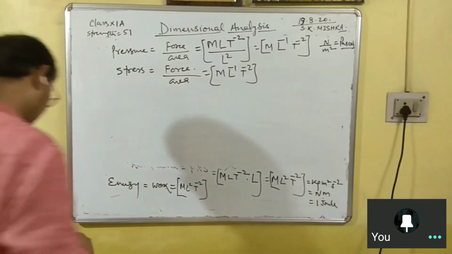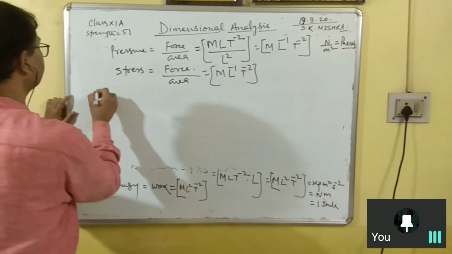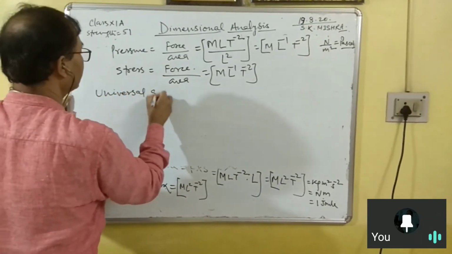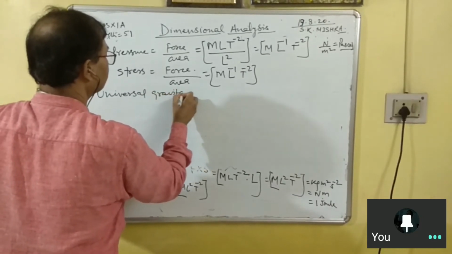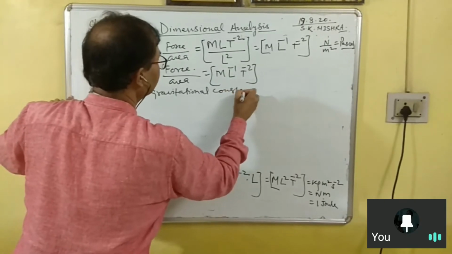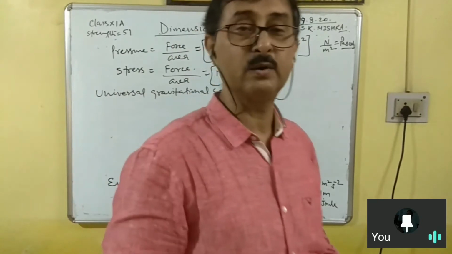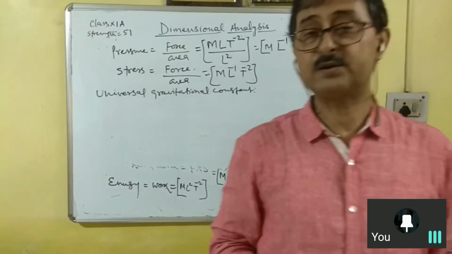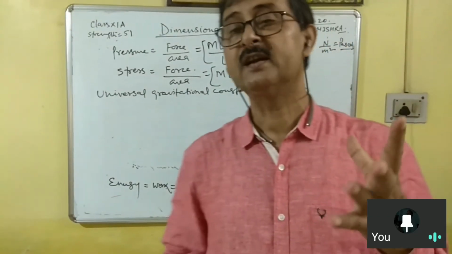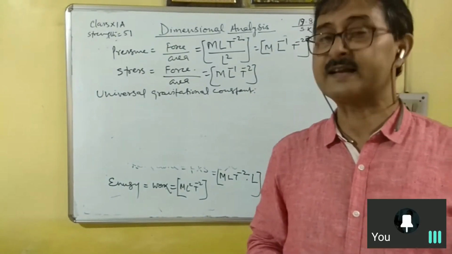Then the next physical quantity is the universal gravitational constant. Sometimes we say a constant should not have any dimension. Okay, I agree: 1, 2, 3, pi, sine theta, sine 60 degree, and angle have no dimension.